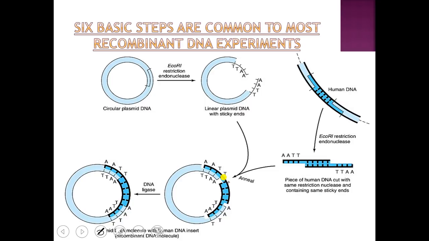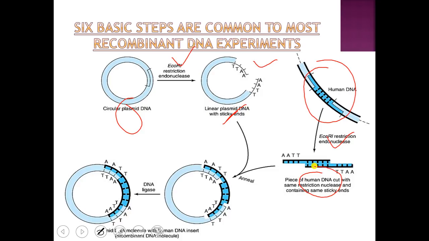As I told you, we take a gene of interest from the human DNA. We have a plasmid as our vector. Both DNAs are acted upon by the same restriction endonuclease enzyme. You can see here it is EcoR1. It produces sticky ends, both in the plasmid as well as in the human DNA.